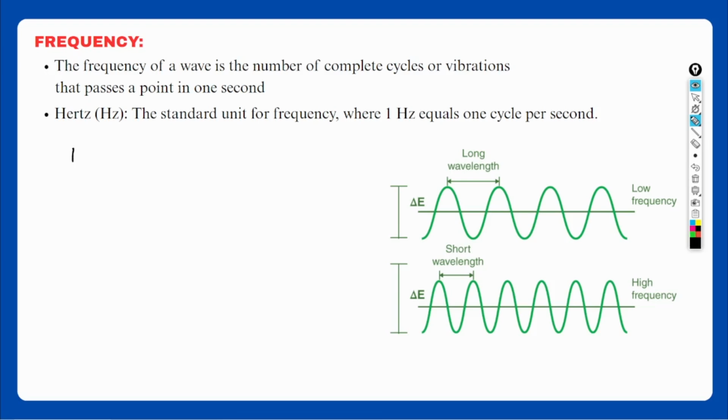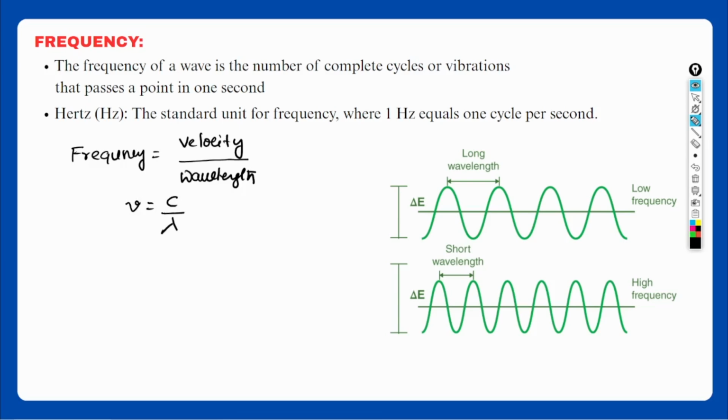Now frequency is equal to velocity by wavelength. Mu is equal to c by lambda.